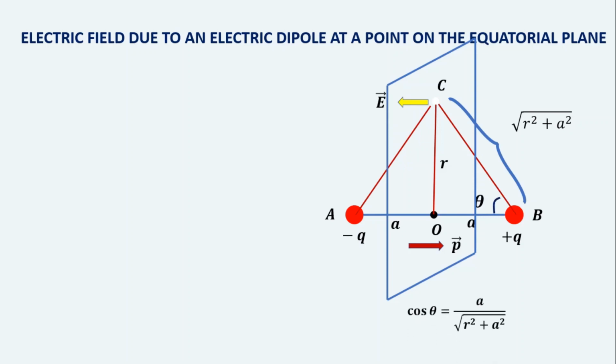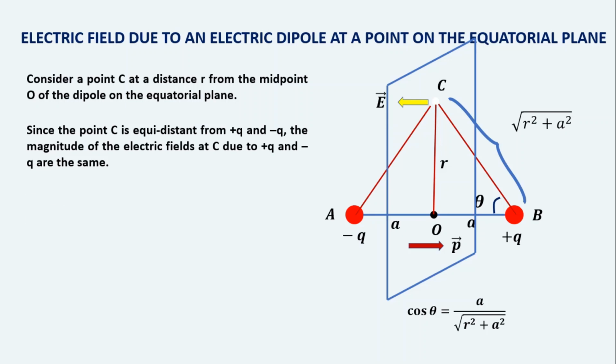The angle theta: cos theta equals adjacent side a by the hypotenuse, root of r square plus a square. We will be using this in the derivation. The magnitudes of E plus vector and E minus vector are the same, but their directions are different.